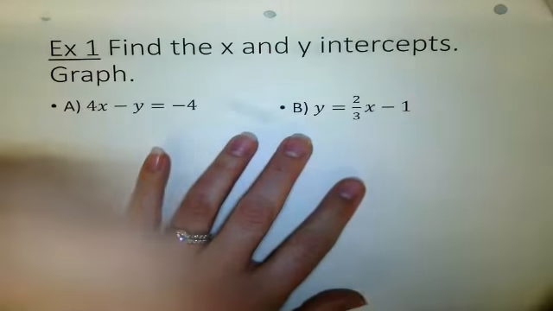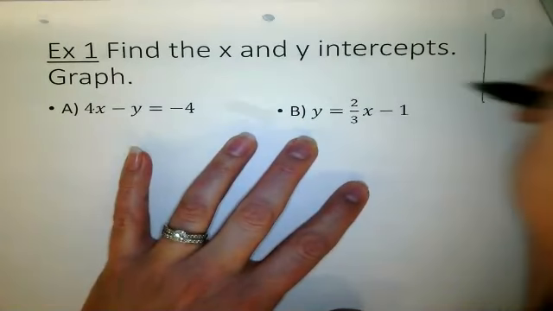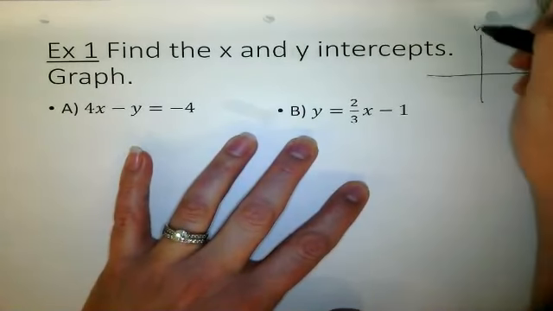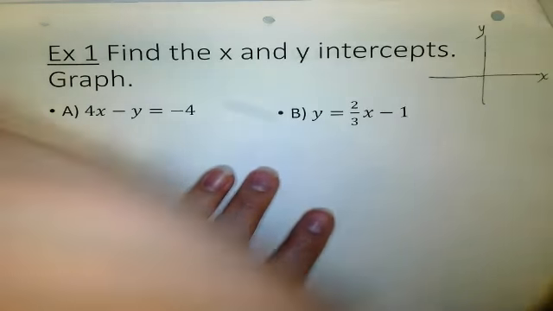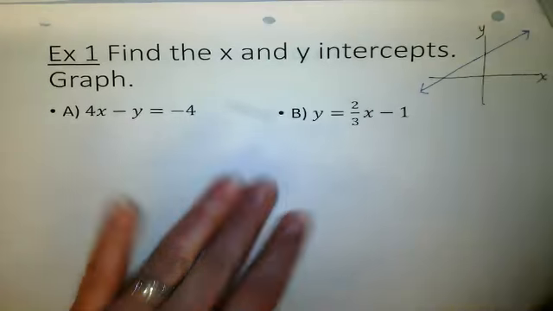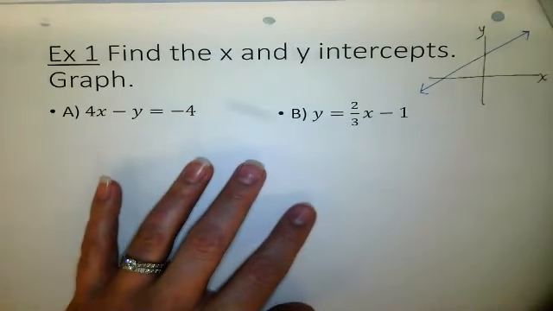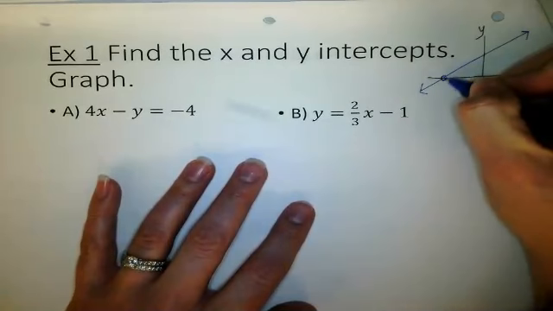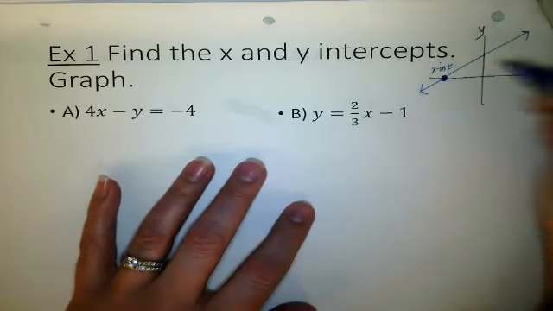So first of all, let's refresh here. If you have an xy ordered Cartesian coordinate plane, and I have a line here, this is my line, and it has an x-intercept right here. This would be the x-intercept where it crosses the x-axis.